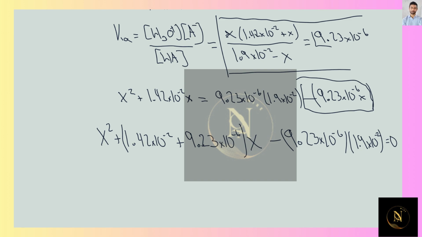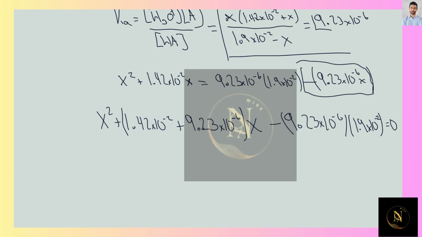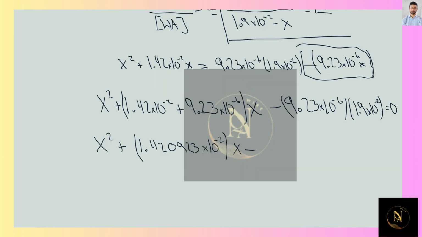Okay, so now just doing the arithmetic of these equations, we get, first of all, x squared plus 1.420923 times 10 to the minus 2 x minus 1.76283 times 10 to the minus 7. Here this is 1.91 and also 1.91 here.